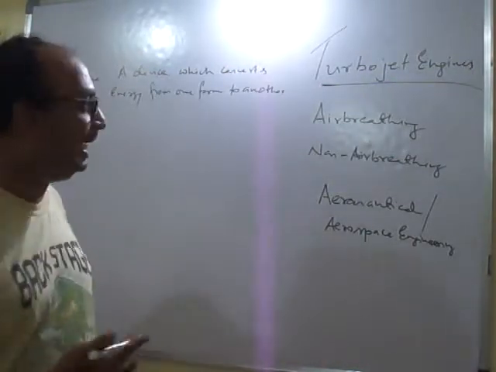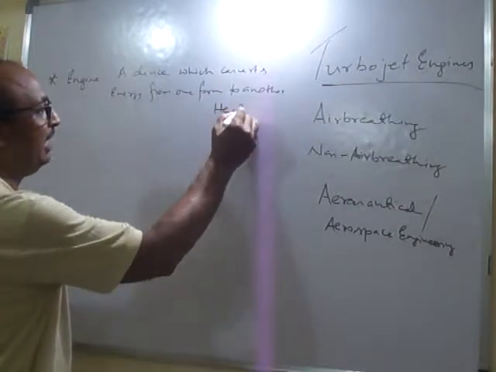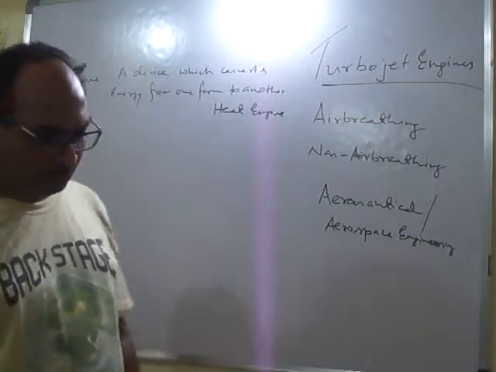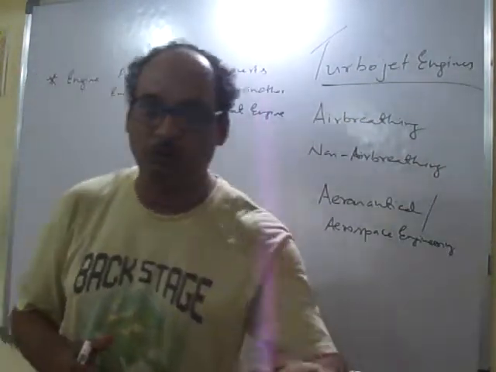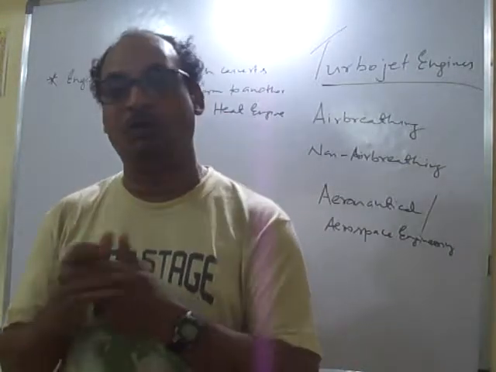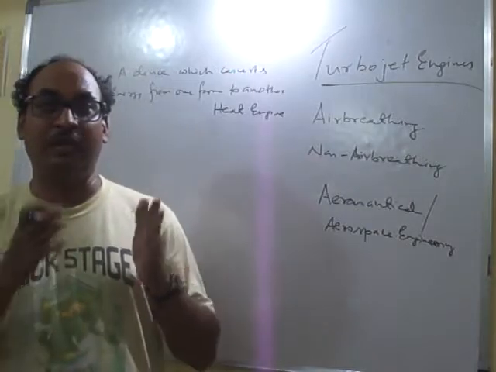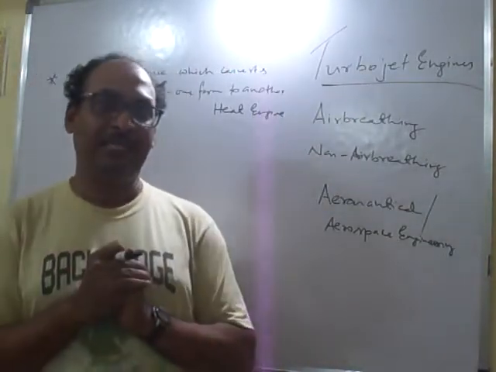So we do have a heat engine. All engines which are fitted mostly on aircraft, on automobiles, on our two-wheeler, on our four-wheeler, buses, tractors, everywhere, are engines where fuel is burned first.